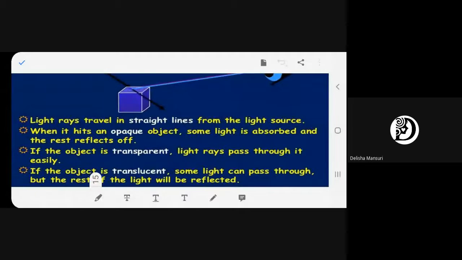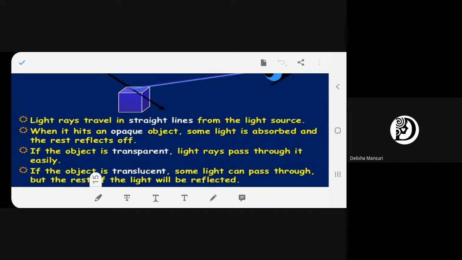Very good. That means in transparent, the light is passing through. In translucent, the light is passing through, but not very much. In opaque, light is not at all passing through. You agree? Transparent is glass, simple.